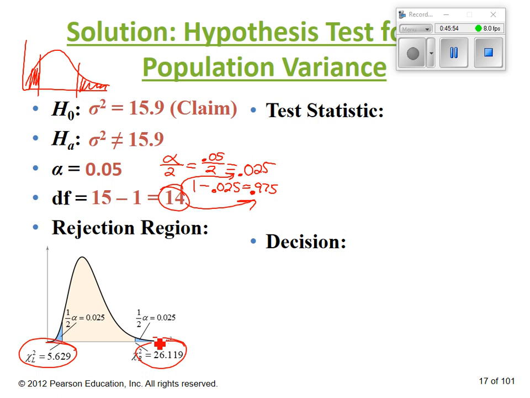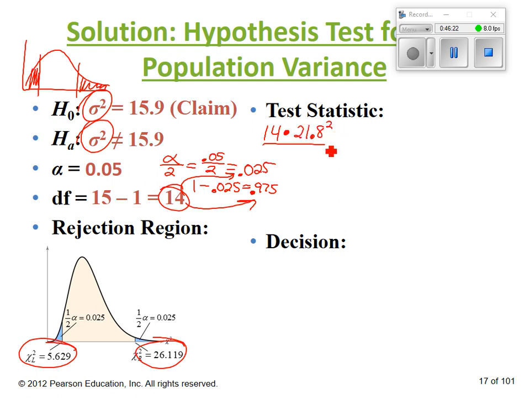Then the test statistic. This time it's sigma squared, so we don't have to square each number. It's going to be n minus 1, which is just 14, times s squared. Well, s squared was, I don't remember, 21.8 or something like that, I think.